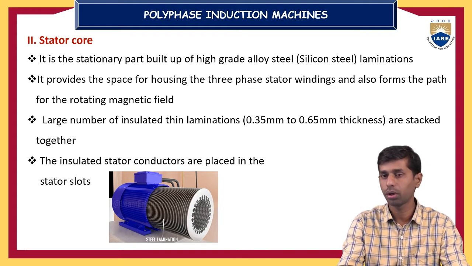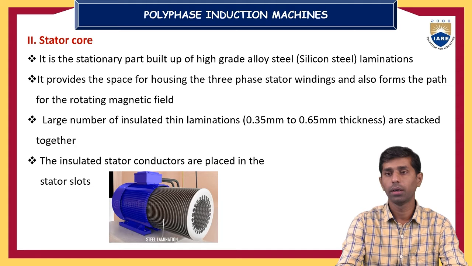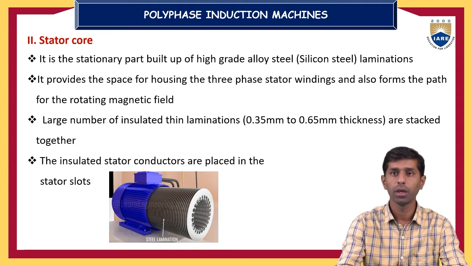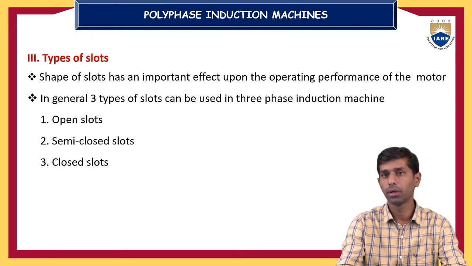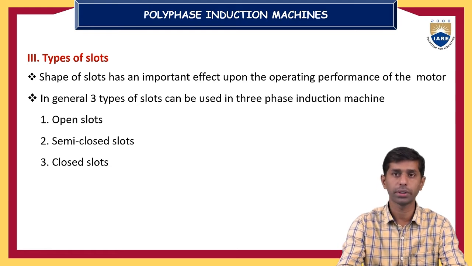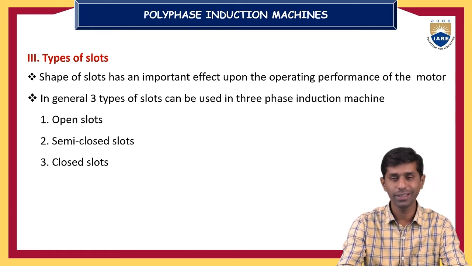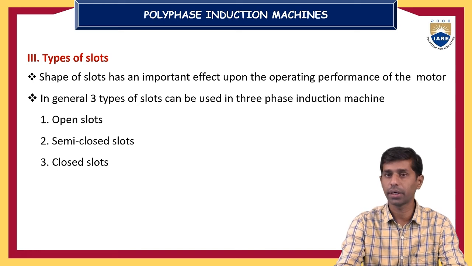The stator core also provides housing for holding the stator winding. The stator core has three different types of slots: open type slots, semi-closed type slots, and closed type slots.